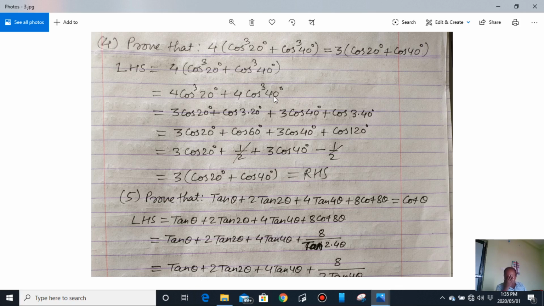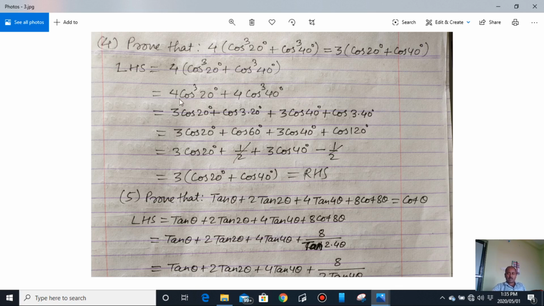Now at this juncture we apply the formula of cos 3a in a modified way. What is the formula of cos 3a? Cos 3a equal to 4 cos cube a minus 3 cos a. So from there, 4 cos cube a will be cos 3a plus 3 cos a, or you can say 3 cos a plus cos 3a.